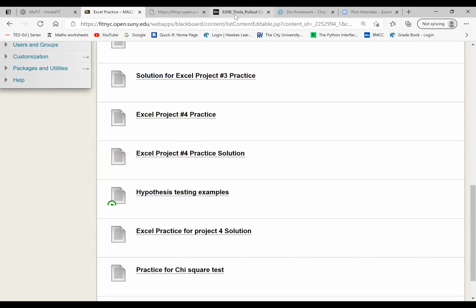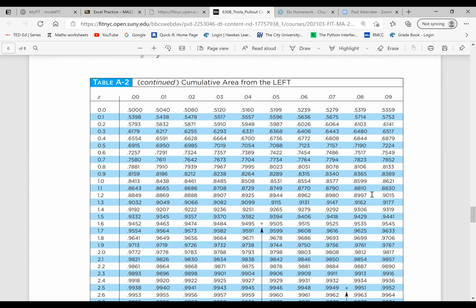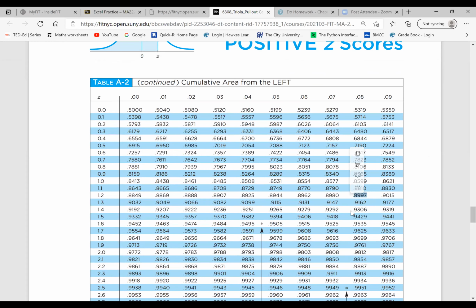So now go to table A2, the second page, and let's see, we have an exact match? Most of the time we won't have an exact match. We can only find the best possible match. In this case, the number closest to 0.9000 is 0.8997.